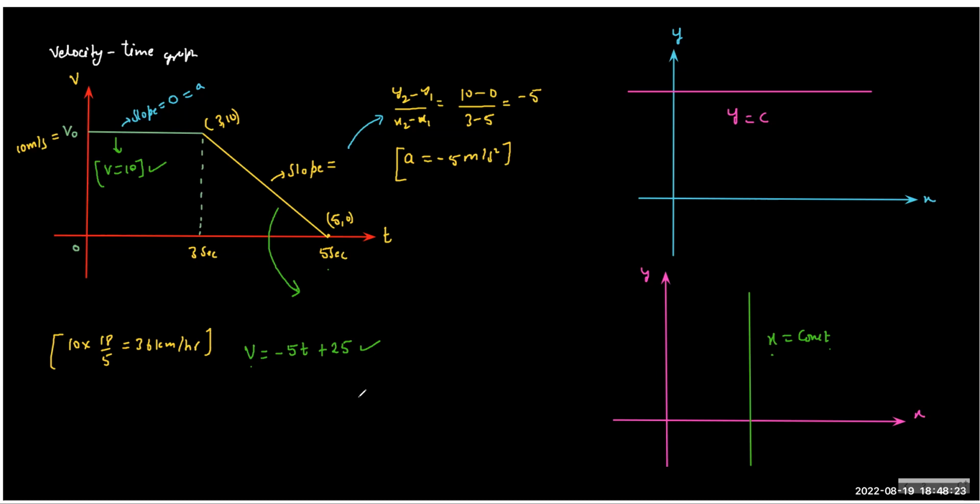If we can keep on creating the retardation, let's say the braking system is working all the time, and let's say the car is being stopped by some air drag. So you're trying to drive against a storm, and the storm is so powerful that it is trying to stop you. Because the storm is acting all the time, what will happen next? You will not only stop, you will go back, isn't it?